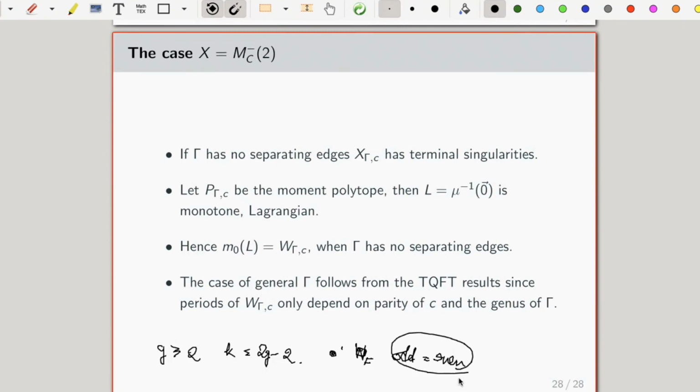So this is a mysterious coincidence, because we don't know the geometric reason for it. It's just a combinatorial coincidence that we see from the formulas and then prove combinatorially.